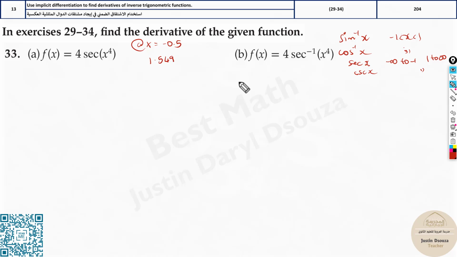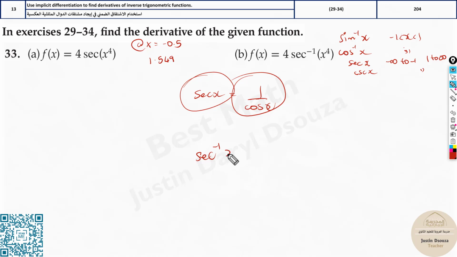Here we have secant inverse functions. How would you do this? You might be thinking, okay, we know that secant x is equal to 1 by cosine x, right? Because this we know from the reciprocal identity from long back. But do you think for inverse, secant inverse x is just 1 by cosine x to the power minus 1?